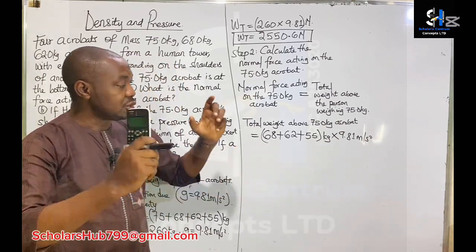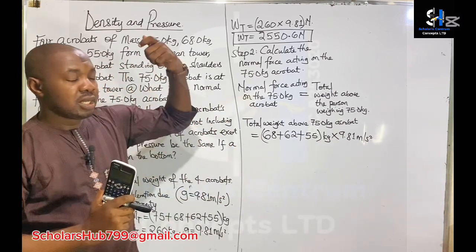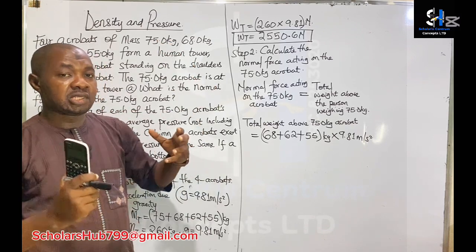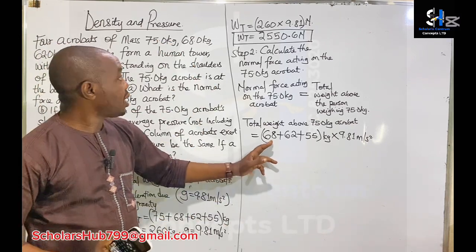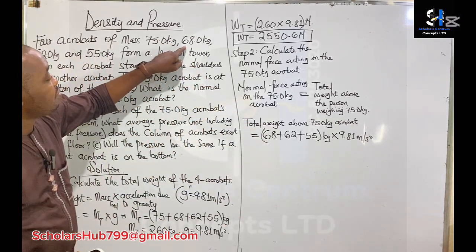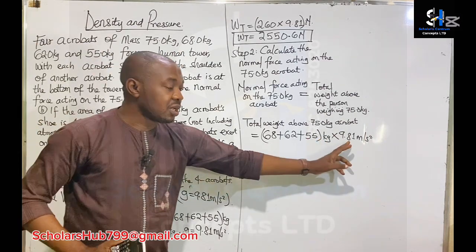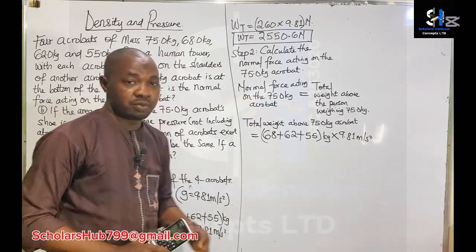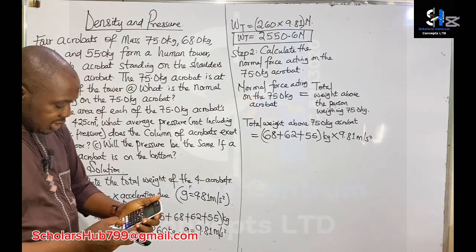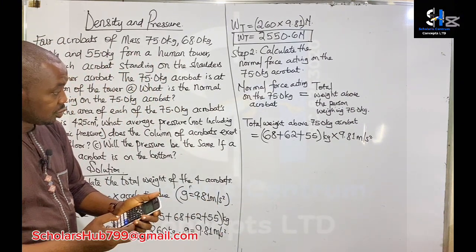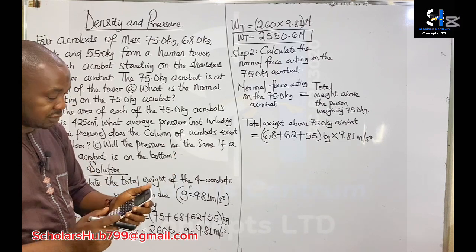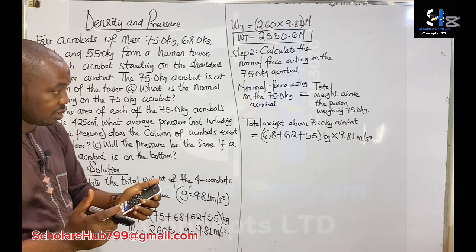So in this case, the total mass above the person weighing 75 kilograms will be this mass and this mass added together, then multiplied by 9.81 meters per second square. Let's get the value for the total weight above the 75.0 kilogram acrobat.